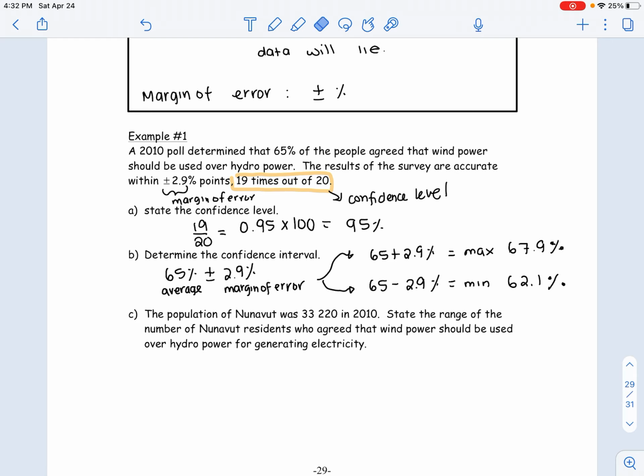So our range is telling us that the people who agreed that wind power should be used over hydropower is from the minimum 20,629 people to 22,556 people. So that's kind of the range. What's the lowest amount of people they're expecting to agree with this, and what's the maximum number of people we would expect.